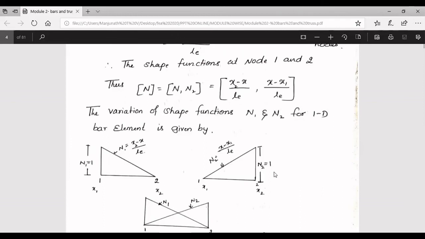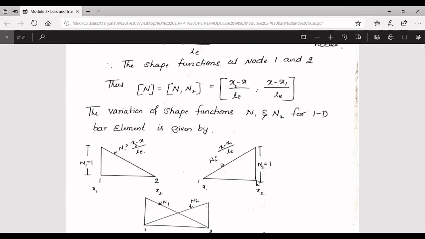Similarly, taking node number 2, when x is equal to x2 at node number 2, from the second boundary condition, x2 minus x1 becomes LE, so LE by LE gives 1, so N2 is equal to 1.